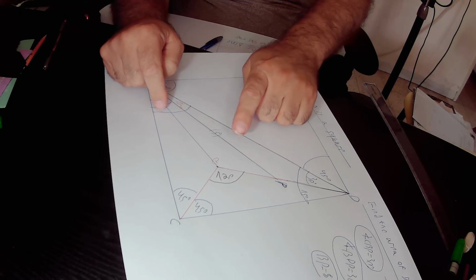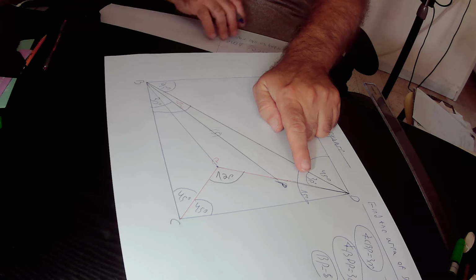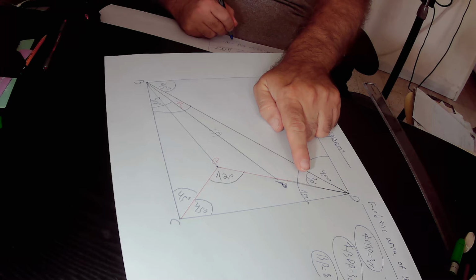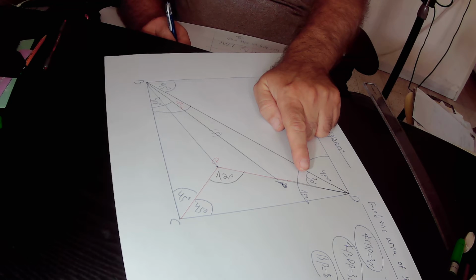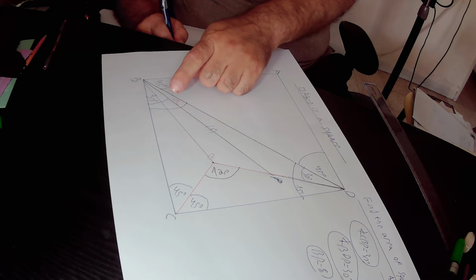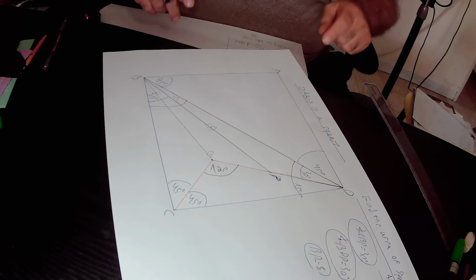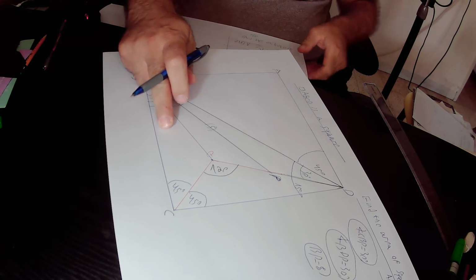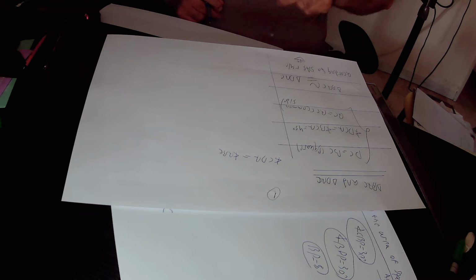So this is angle CDQ, and it is equal to this angle, that is angle QBC, in the triangle QBC. Again, from the fact that those two triangles can point to each other, we derive that angle CDQ in triangle DQC is equal to angle QBC in triangle BQC.